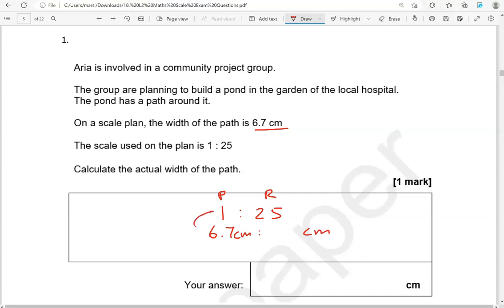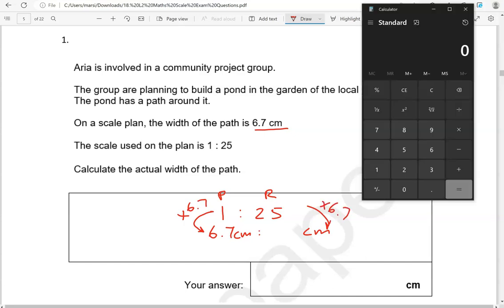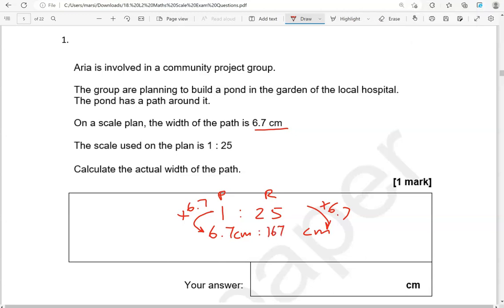So how to get from 1 to 6.7? We multiply 1 by 6.7. So we do the same here. So 25 times 6.7 gives us 167.5. And that's the actual width of the path.